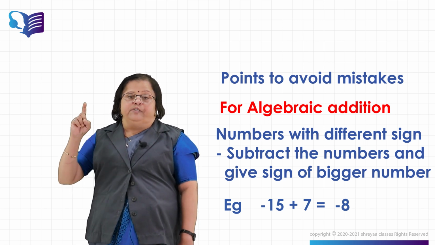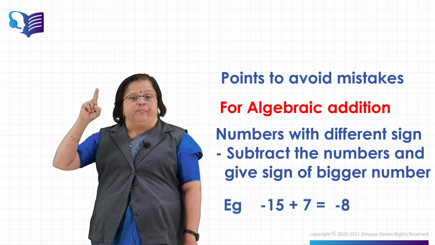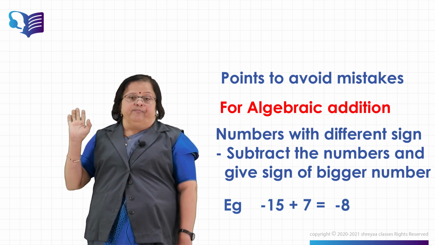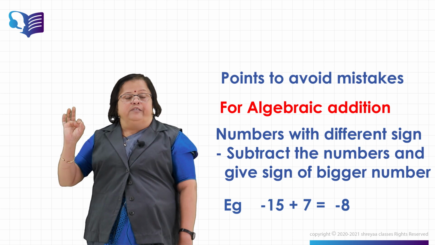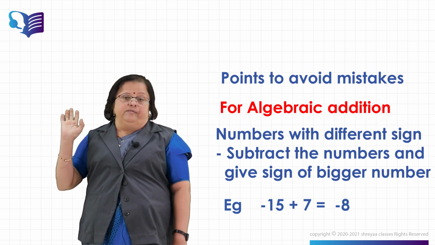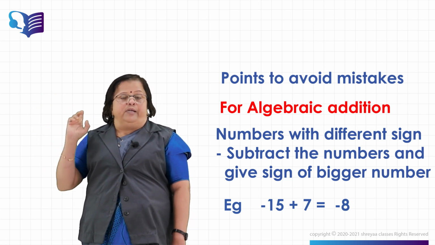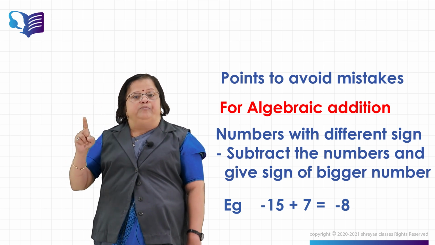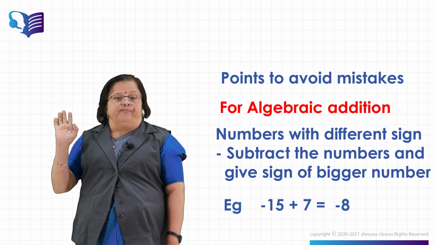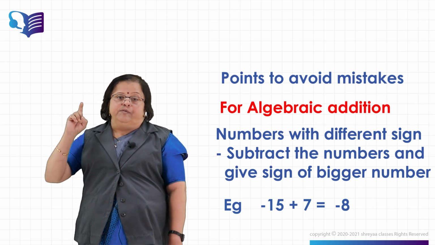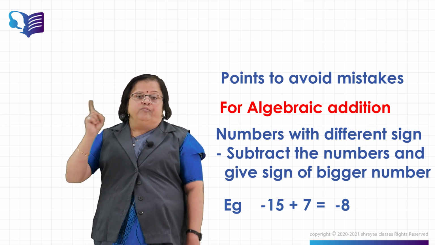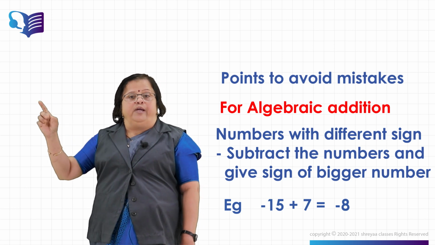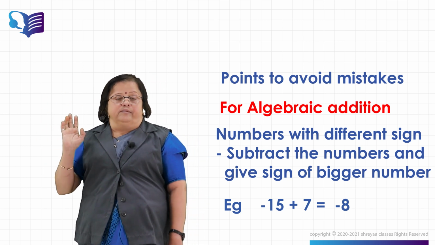When the two numbers are with different sign, first you have to subtract the numbers. 15 minus 7 is what? 8. So we will write the answer as 8. Then the second point is you have to give the sign of the bigger number. Which is the bigger number here? 15 is the bigger number. Therefore we write negative 8 or minus 8.